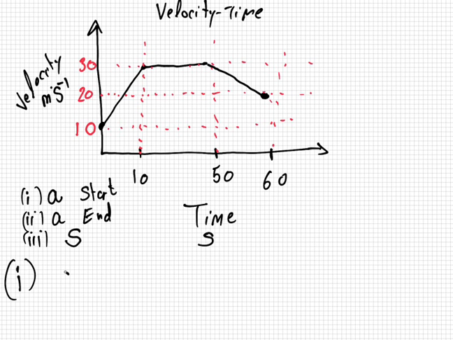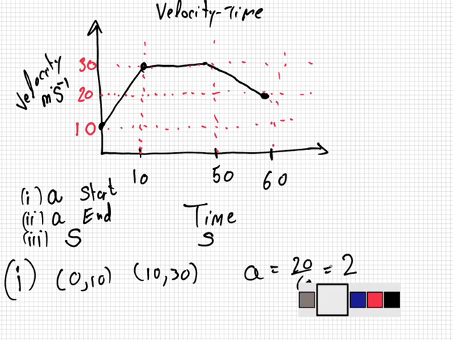So the first one, the acceleration is the slope. Now look, if you want, you can use your formula in maths class too. So you can say the first point is 0, 10, and then the second point up here is 10, 30. So then the acceleration would be 20 over 10, which is 2.